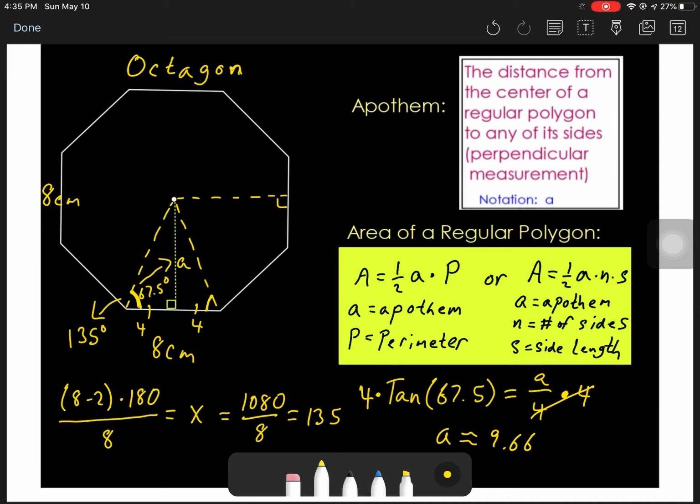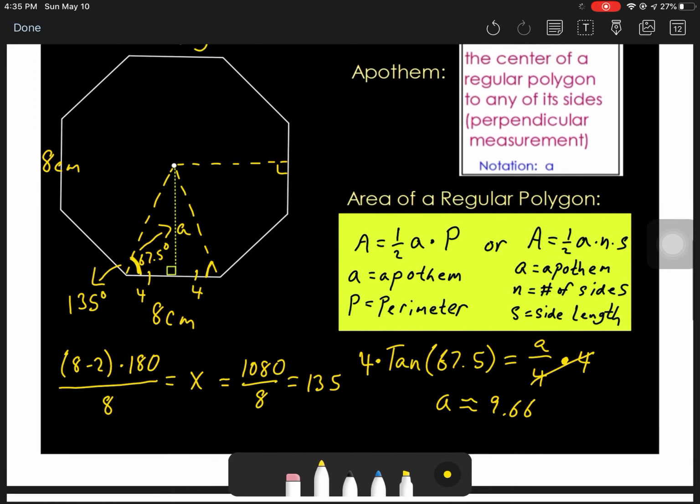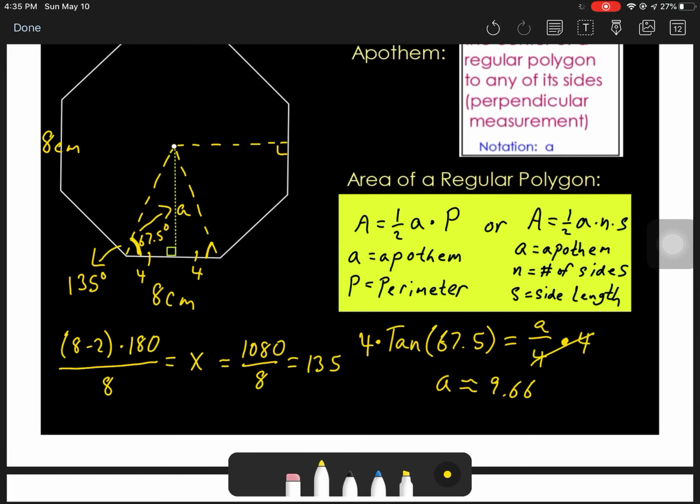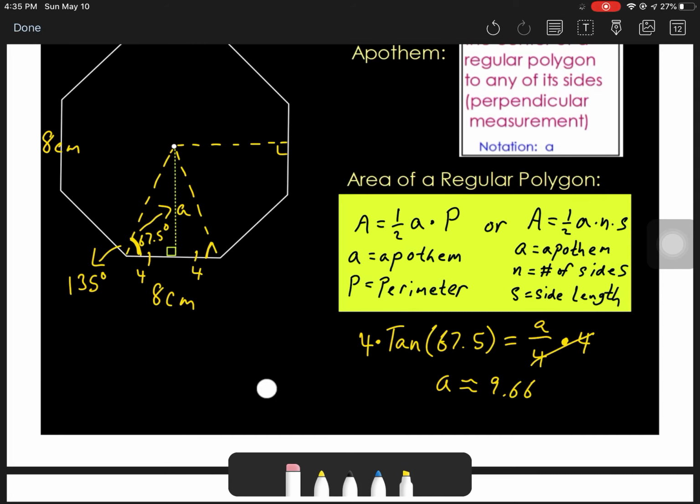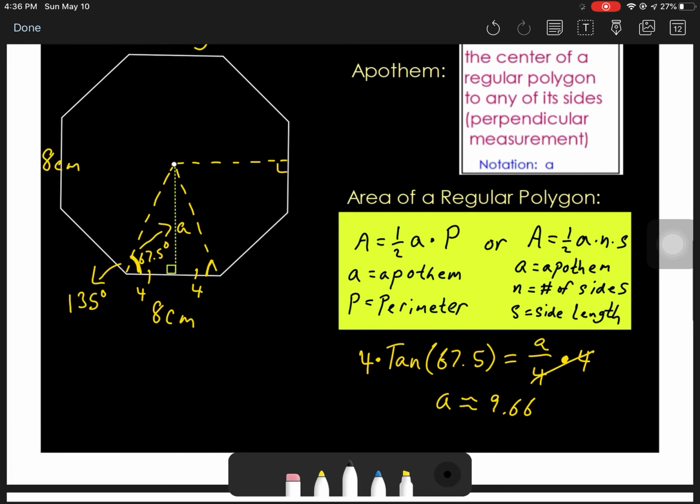Okay, so now that we have our A, we need to figure out the perimeter of this figure, and then we can put everything into our formula. I'm going to erase what I had over here. I apologize. All right, so area equals 1/2. We found the apothem is 9.66. We need to figure out the perimeter.